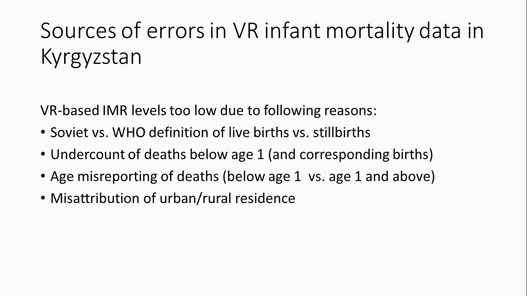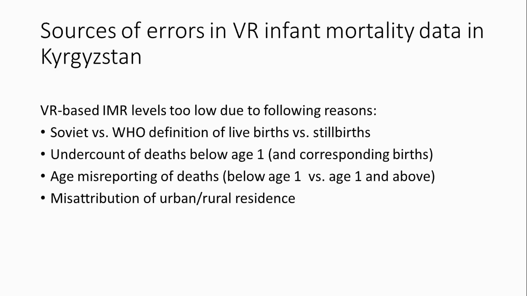You need a strict cutoff point of exactly the first birthday to distinguish between infant deaths and deaths occurring above age 1. And then one issue that I'll talk a little bit about, which is actually a big issue: it doesn't matter when you look at the infant mortality rate at the national level, but when you look at urban-rural residence, there is quite a big problem with misattribution of residence on the death certificate. So I'll talk about that a little bit.